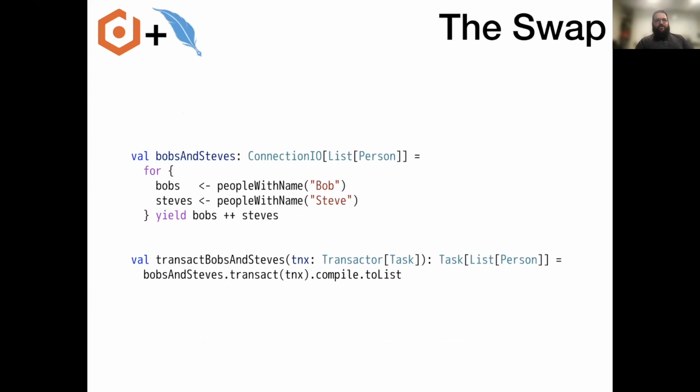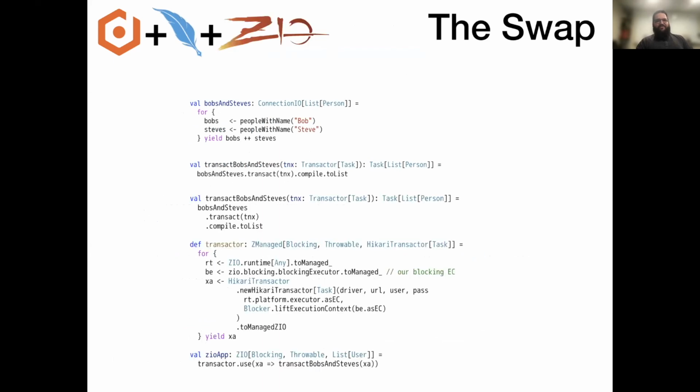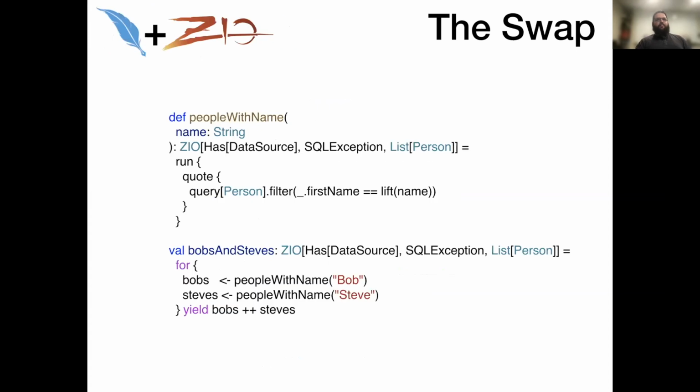And then you might have had something like that, and you might have used composition operators for it. You've then had to create a transactor, a managed transactor coming into Zio before. So you might have had to do something like that. And this works. This is a working approach.